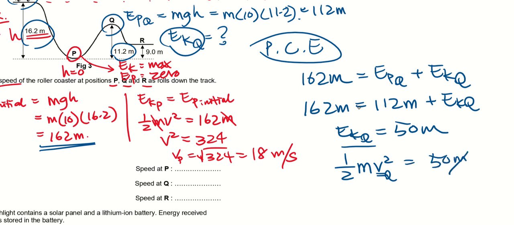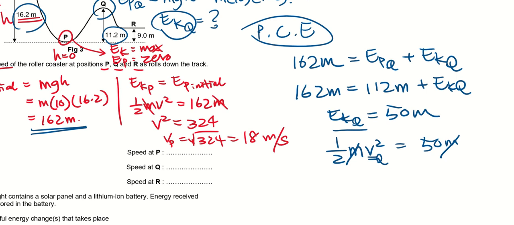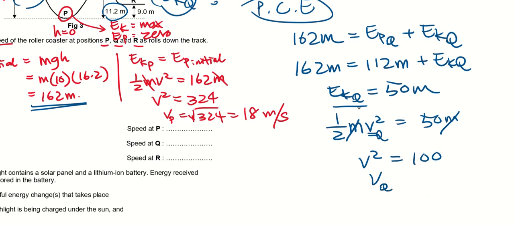Since m appears on both sides and is constant, I can calculate my VQ square to be 100. Therefore my VQ will then be equals to 10 meter per second.